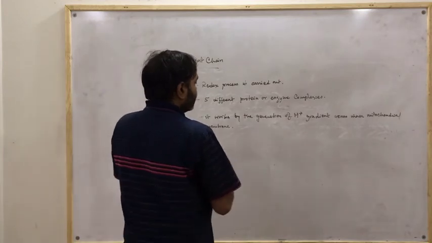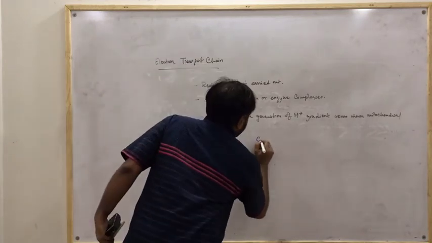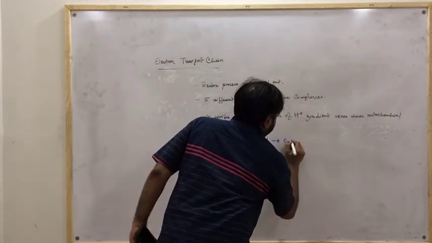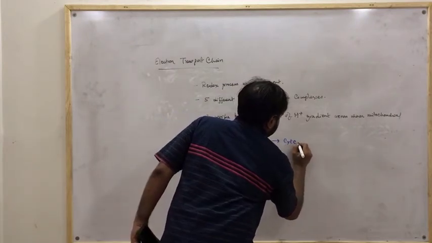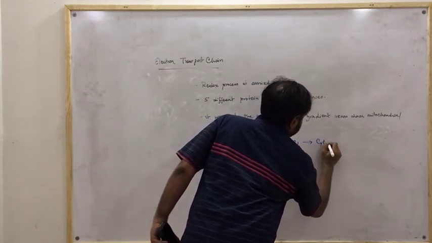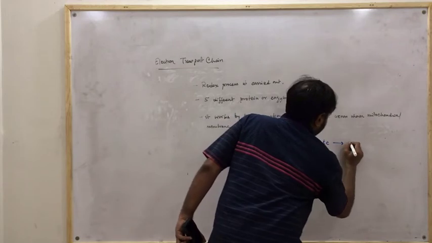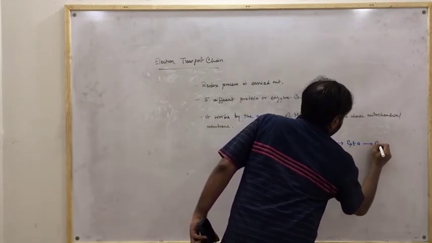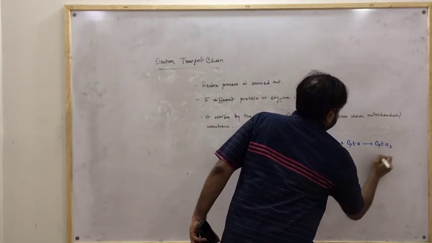And that is, we can write using a blue pen: cytochrome B, cytochrome C1, cytochrome C, cytochrome A, cytochrome A3.